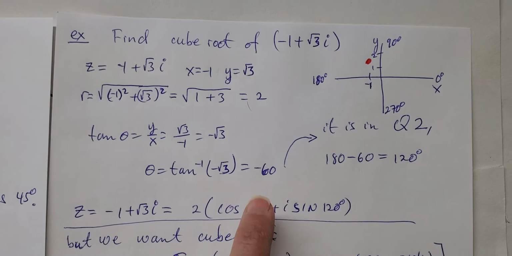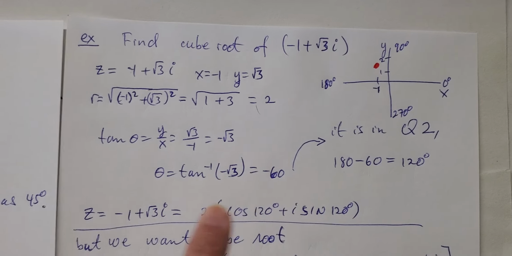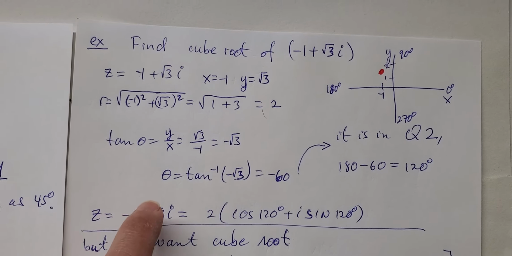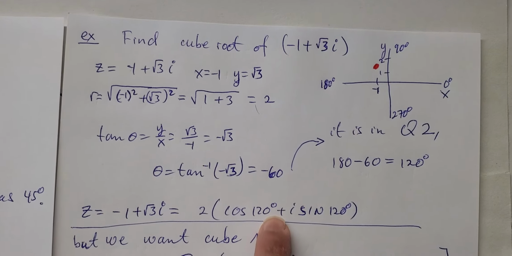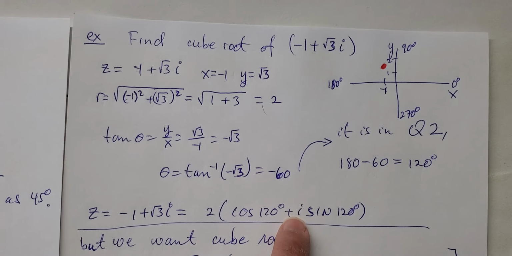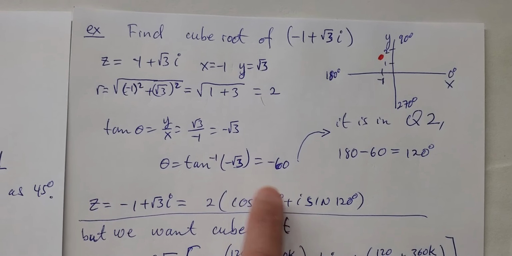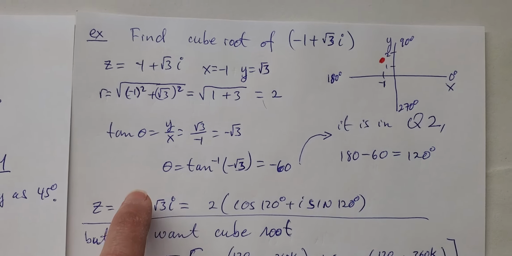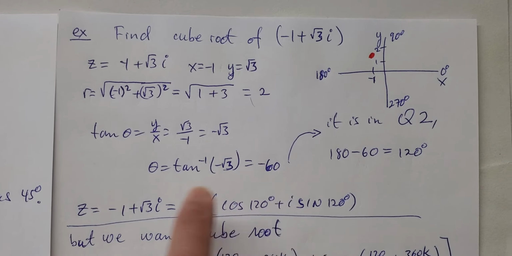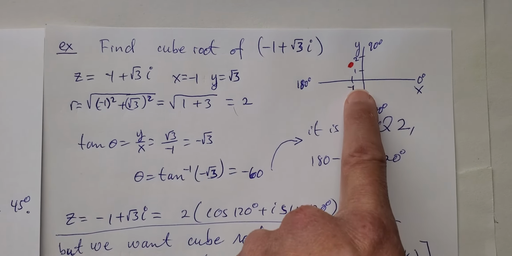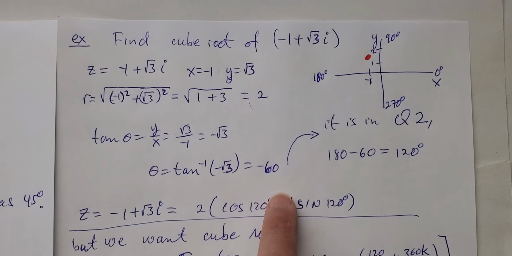That's where the 120 comes from. So this right here is the complex number to the first power. This is also the same thing, but in polar form. Both of these are the same thing. Complex number in rectangular form and polar form, same location on the graph, just different writing.